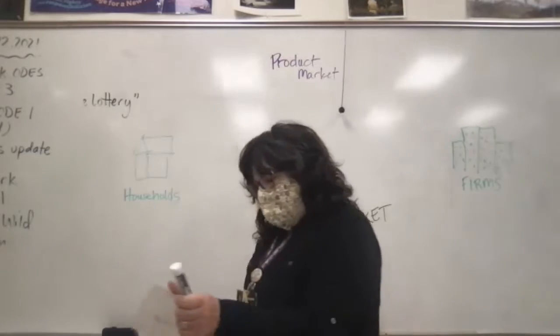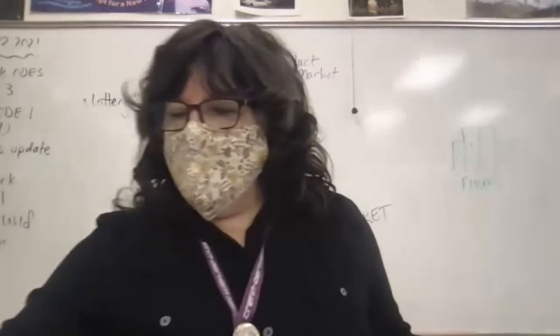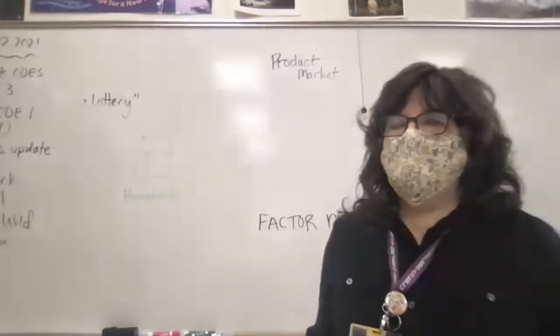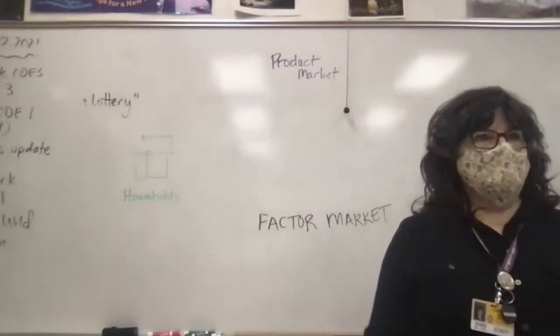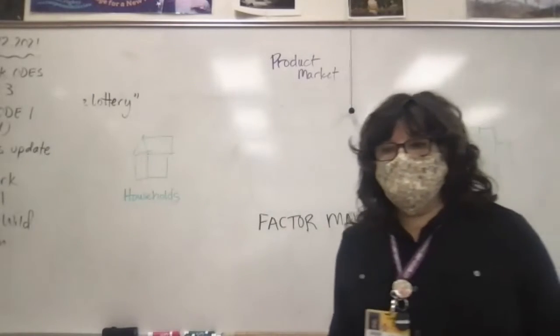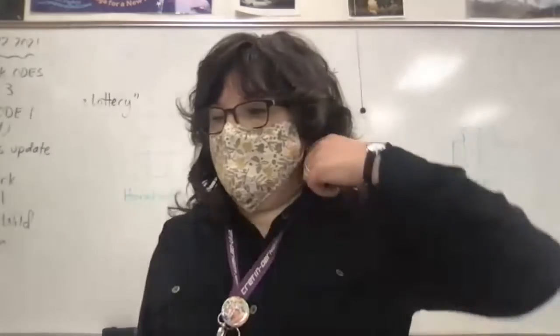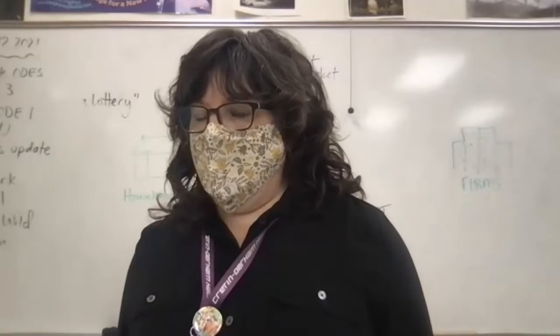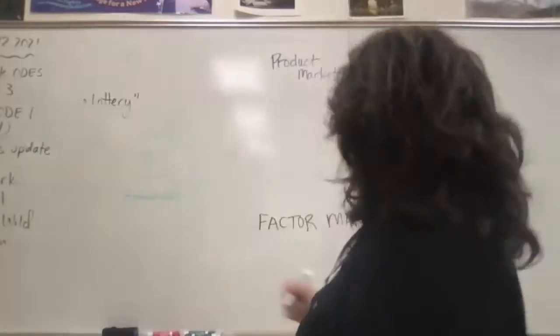All right, so the factor market. Do you remember what's exchanged in the factor market? What did we exchange in the factor market? Resources. Resources, yeah. So who wanted the resources? The firms. The firms, right?